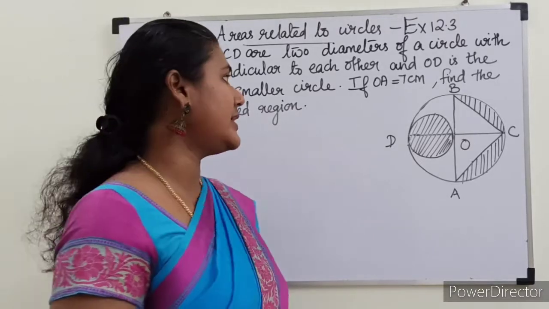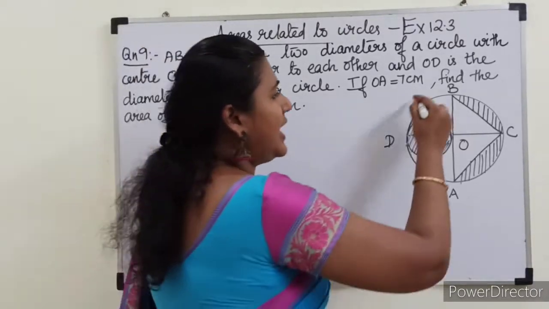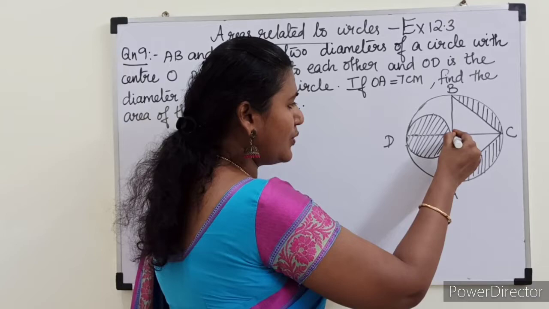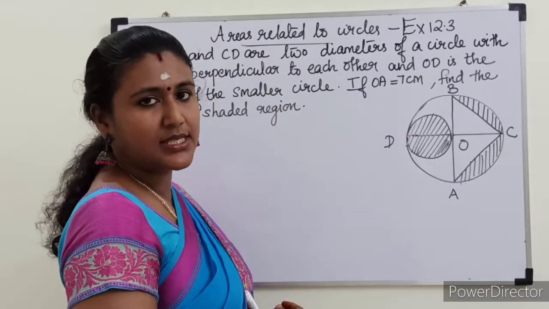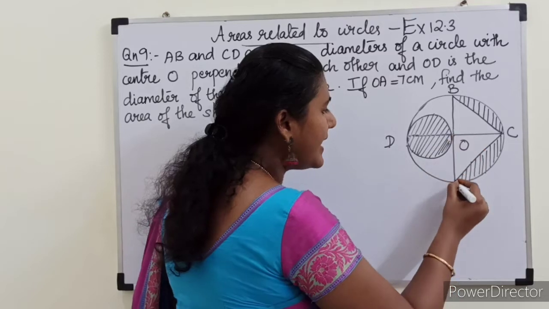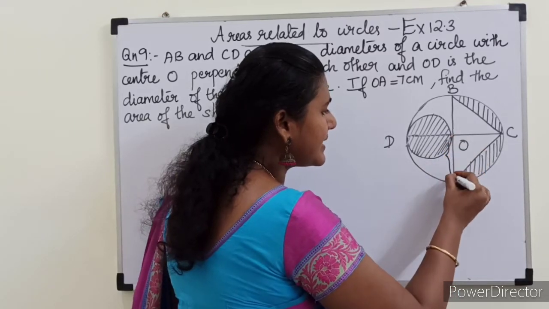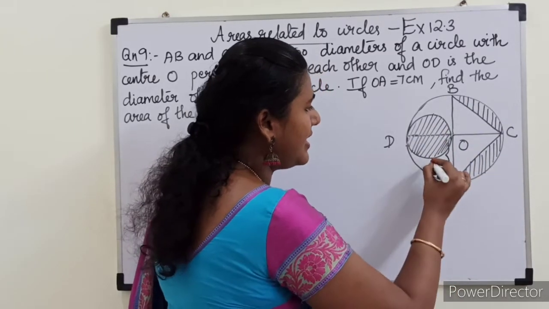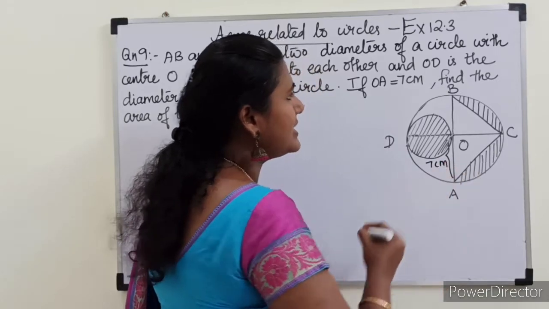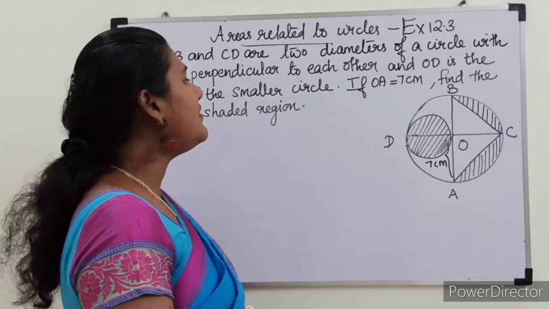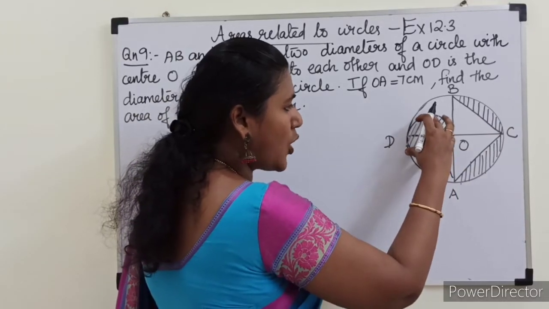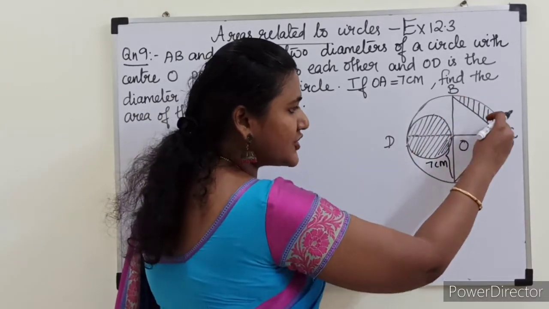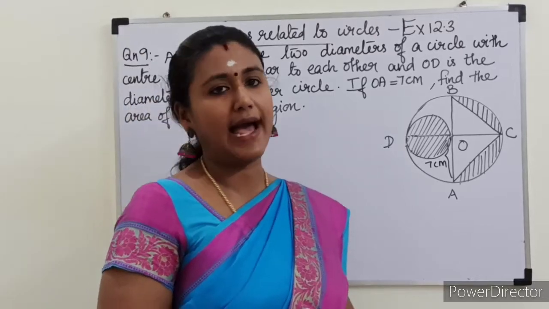So, in this question, we have a circle with the center O, where AB and CD are the diameters. And the OA length, the radius of the bigger circle, is given as 7 cm. Then we have to find the area of the shaded region, that is, this smaller circle and this shaded region we have to add.